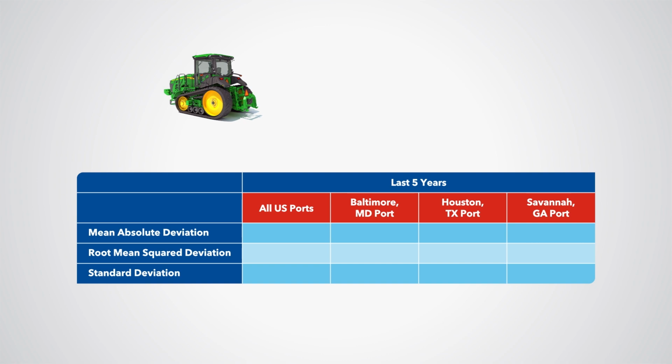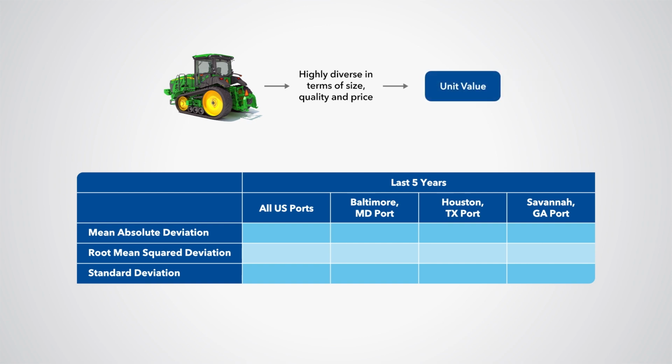A reason for disaggregating by port would be that tractors are likely to be highly diverse in terms of size, quality, and price, that is unit value. Different manufacturing establishments located near different ports might concentrate their output in different price segments of the market.